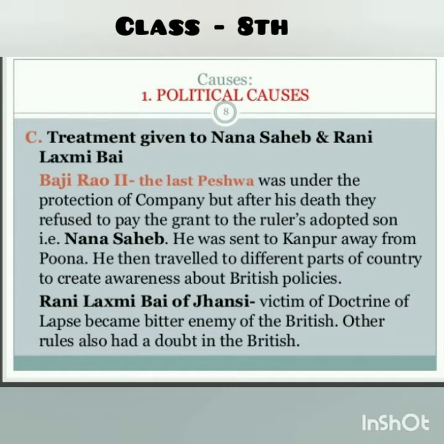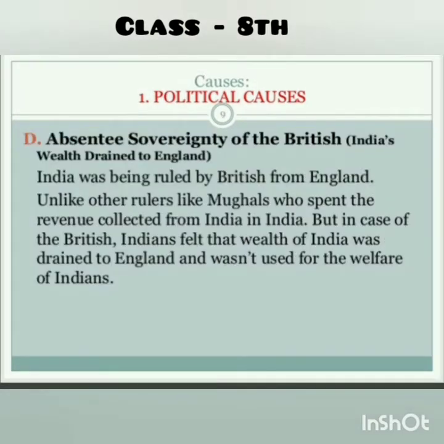The other prominent states which became victims of the Doctrine of Lapse were Satara, Jaipur, Sambalpur, Udaipur, and Nagpur. The other Indian rulers who were not adversely affected became suspicious lest they should meet the same fate. These decisions had sown the seeds of rebellion.